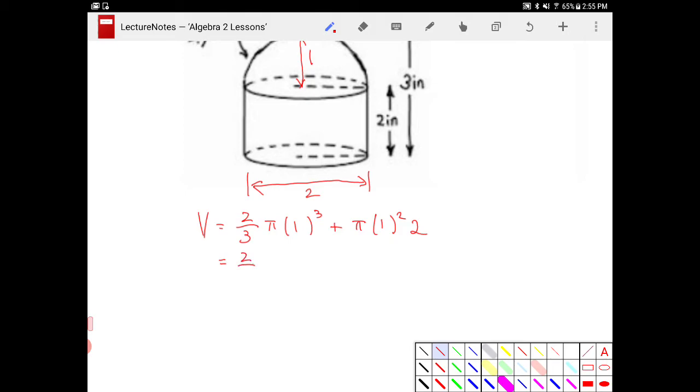I will end up with 2/3 pi plus 2 pi. I add all this stuff up. I end up with 8/3 pi inches cubed.